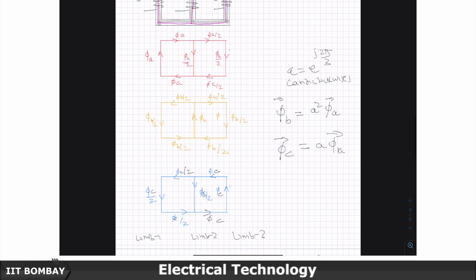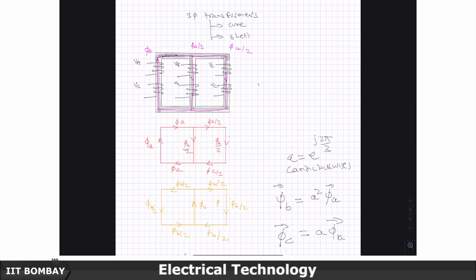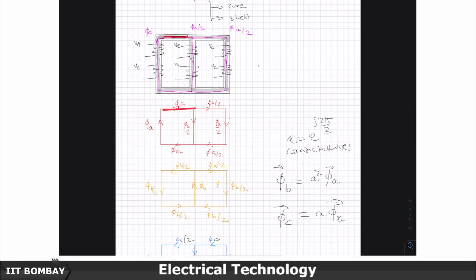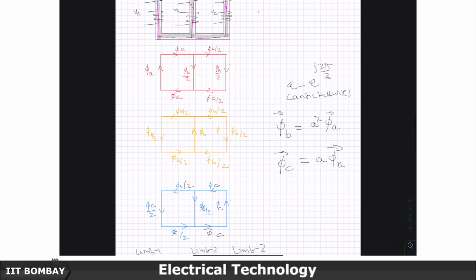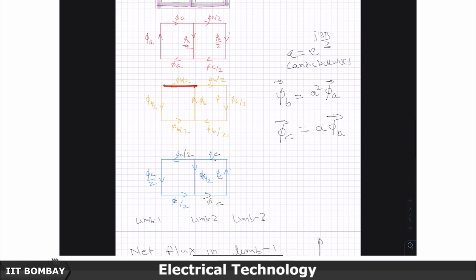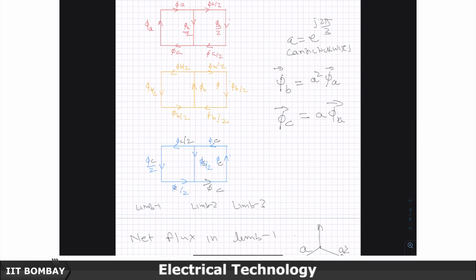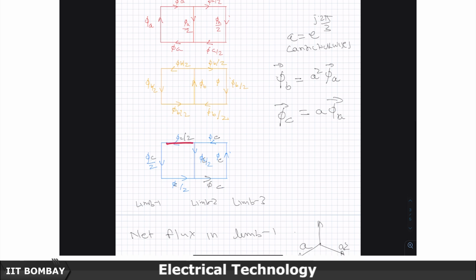In the horizontal segment, this is phi a, which is flowing, phi b by 2, which is reversing back, and phi c by 2, which is also reversing back.